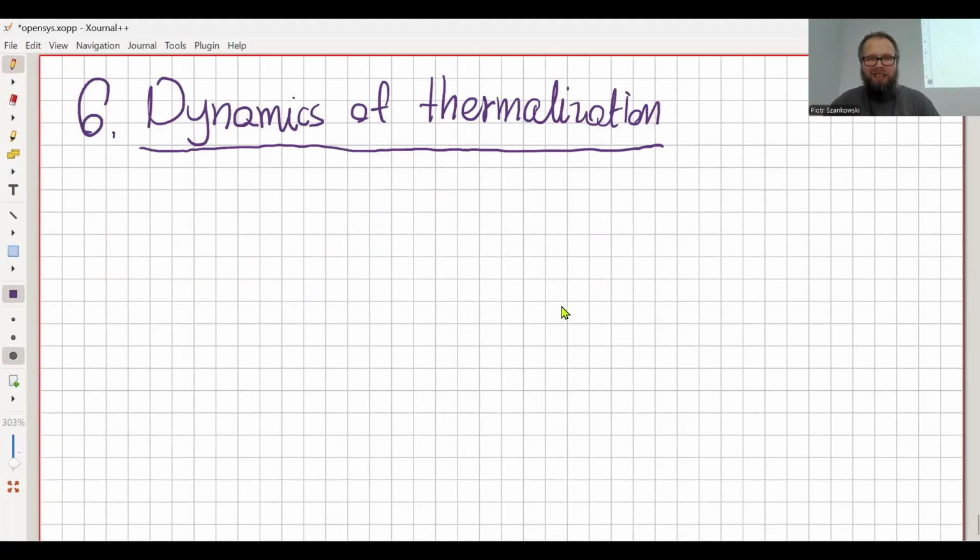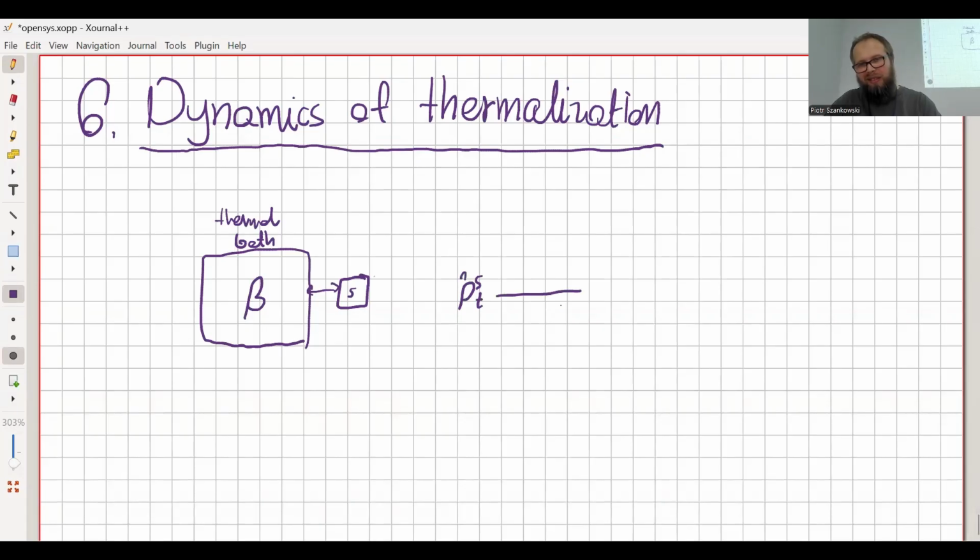If you have a thermal bath at temperature beta, and you bring in some small system S, and you let those two interact, then over time the state of S should thermalize.